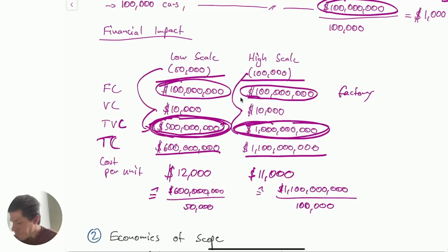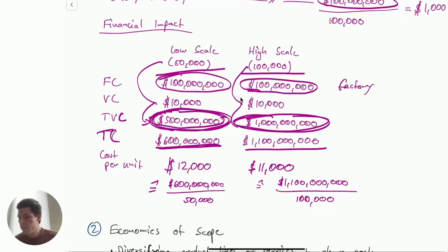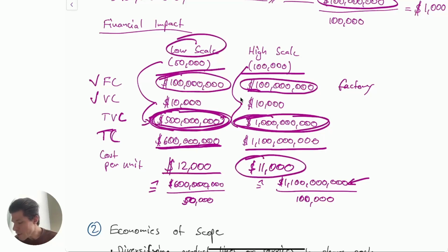Okay, this is the total cost. How many cars am I producing? Because you want to know how the cost is shared and distributed over your production of cars. So you use 600 million over 50,000 and here 1.1 billion over 100,000. And then you can see your total cost per unit, including variable cost and fixed cost: under the low scale scenario it's 12k, and here the cost to produce one car is 11k.